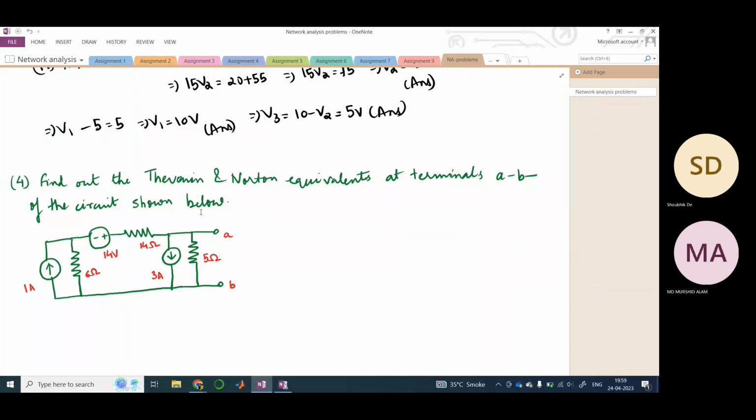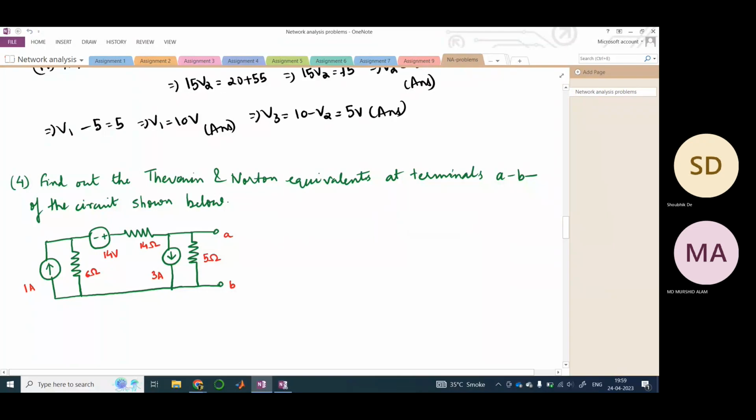Again, there is scope for applying the superposition principle here, because you have a current source and a resistance connected in parallel, similarly here also, right? When you are given this kind of problem where you need to apply Thevenin and Norton's theorem, there is a shortcut. You don't need to apply Norton's theorem separately and Thevenin's theorem separately to this circuit.